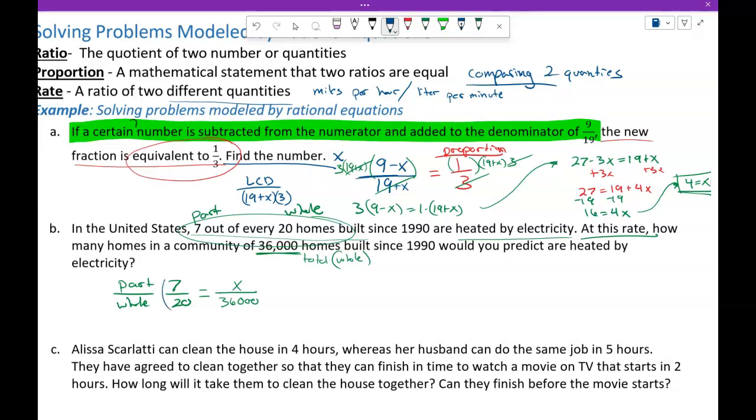We'll multiply by the least common denominator. 20 is actually a factor of 36,000, so we can multiply both sides by 36,000. Cancels on the right. We're left with x equals 36,000 times 7 over 20. That will reduce, and we multiply, so we're left with 1,800 times 7, which equals 12,600.